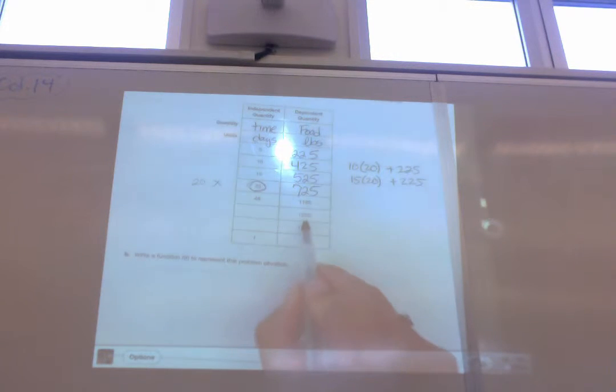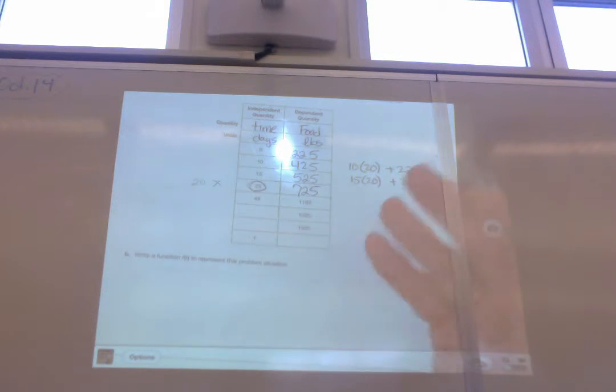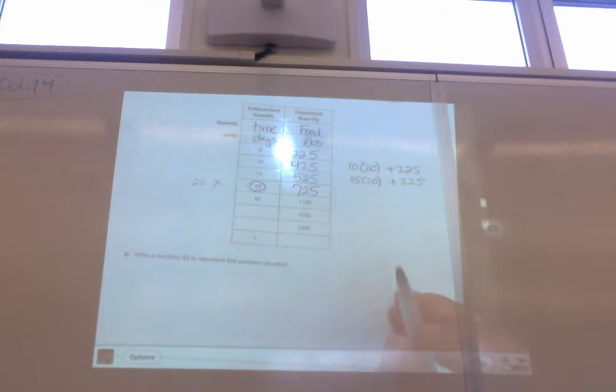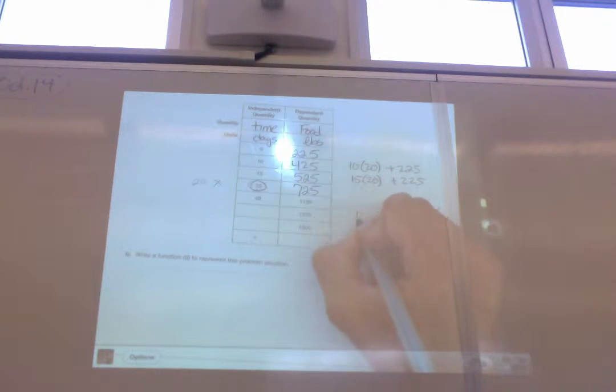Now, thinking about this, you got to divide, but before you divide, you need to take out the starting amount. So the first thing, this one I can see is 1,225. I know that's 1,000 plus 225. And the reason I'm showing it to you like this is I'm reminding you, they started with that.